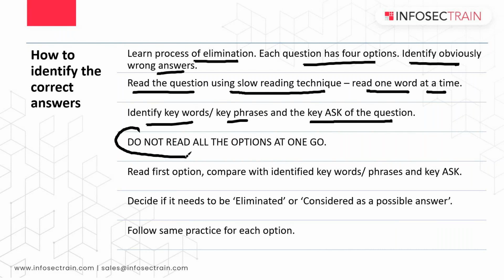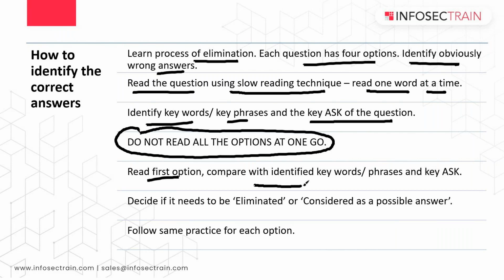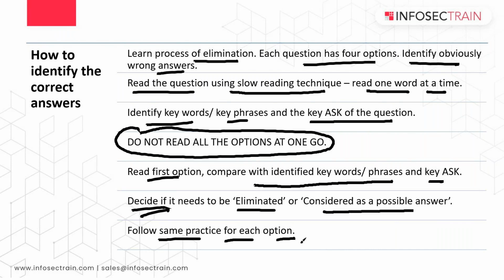Please do not read all the options at one go. Read the first option, compare with the identified keywords and phrases, and then decide whether it needs to be eliminated or considered as a possible answer. Follow the same practice for each option and then select your answer.